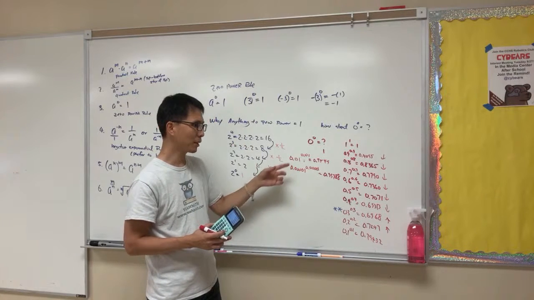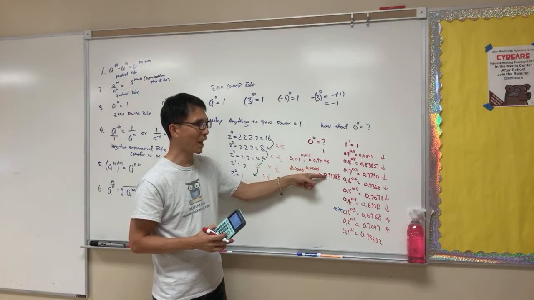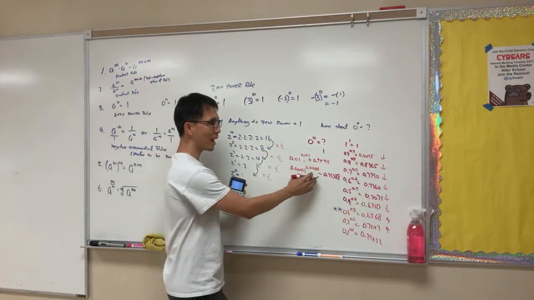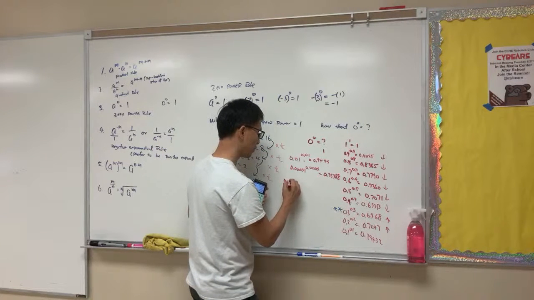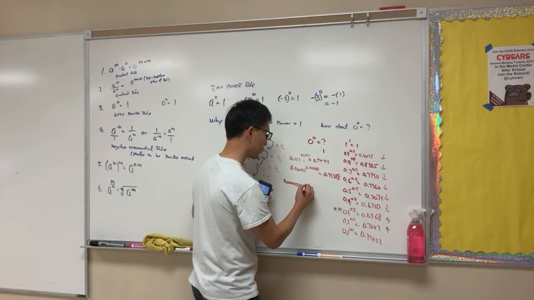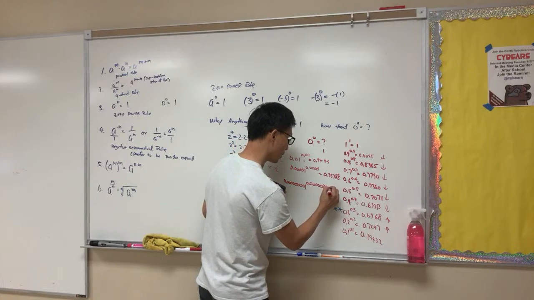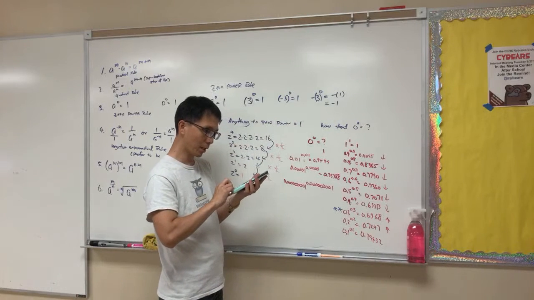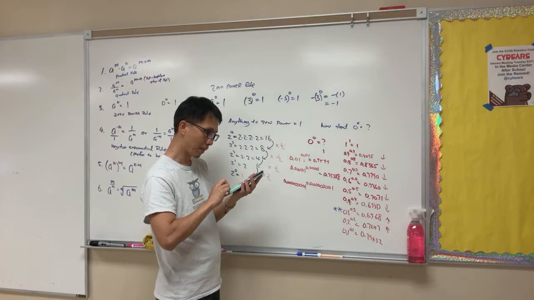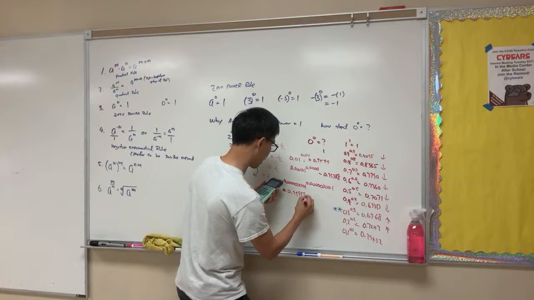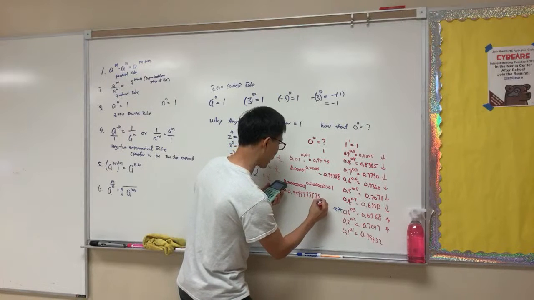You say maybe if I go small enough, it's going past 1. But it turns out there's a plateau, and the plateau is going to be near that number. If I would do 0.0000001 to the 0.000000001, that would be 0.99999999793.